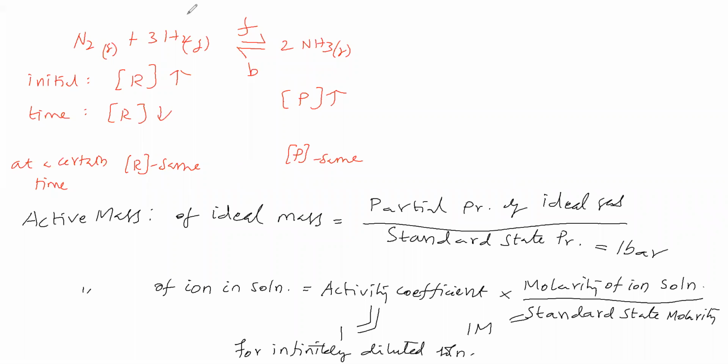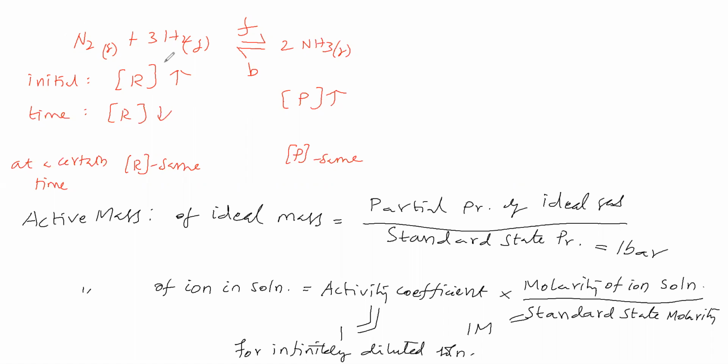Now we will take this equation. Here we took reactants, nitrogen gas and hydrogen gas. We are taking initially a certain concentration of nitrogen and a certain concentration of hydrogen.